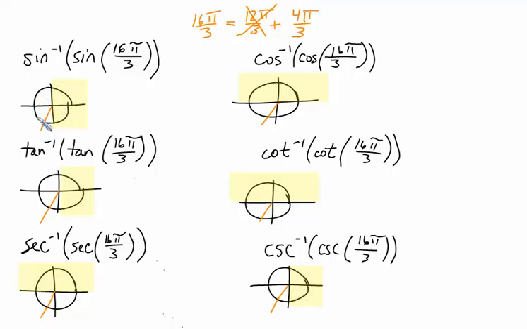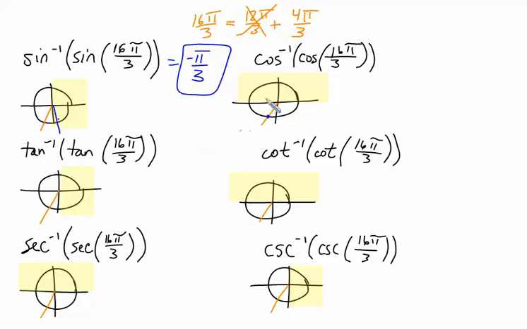Which angle on the unit circle would give us the same y-coordinate as this angle that falls in the highlighted region? What would be over here, because these two y-coordinates would be the same. So this answer is going to be negative pi over 3. Remember, it has to be expressed as a number between negative pi over 2 and positive pi over 2 to be in the range of inverse sine. Next up, which angle on the unit circle would give us the same x-coordinate as this point?